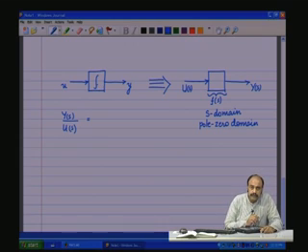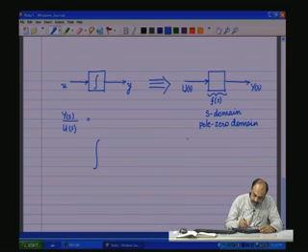The integrator, by nature, if you look at the nature of the integrator, if you give a disturbance, it will accumulate. Let us say I have here a waveform, a wave shape like that as a function of time. When this is passed through the integrator, the output of the integrator is going to be this area.